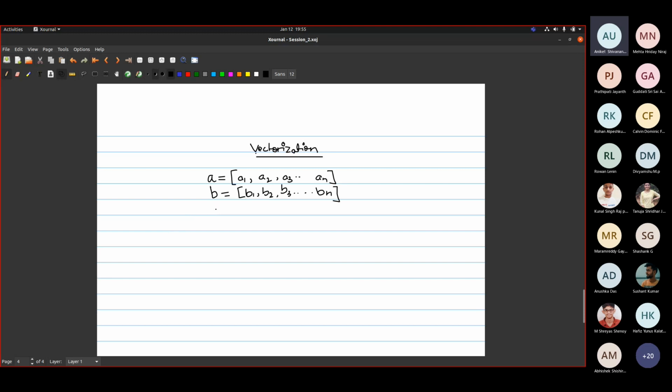One method is: for i in range n, declare some array C, and C.append(a_i + b_i). This is just pseudocode, not proper Python code.